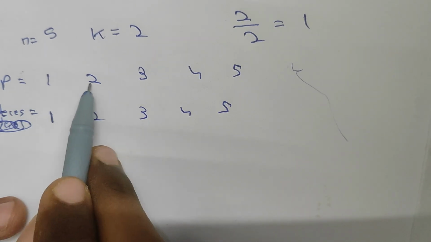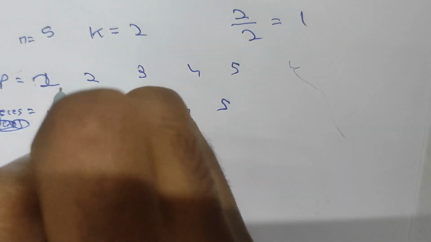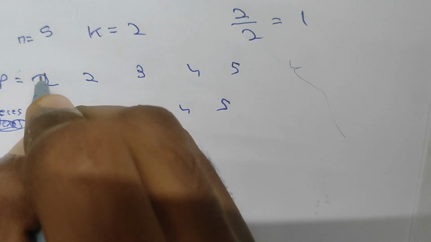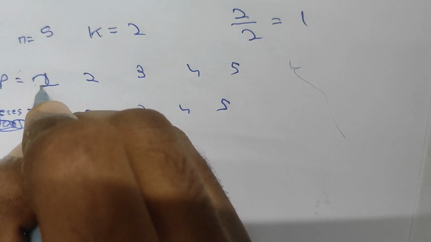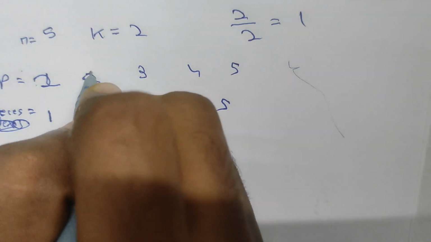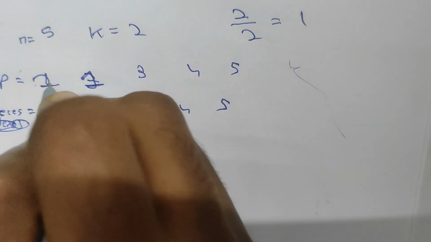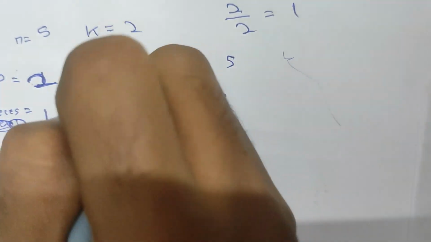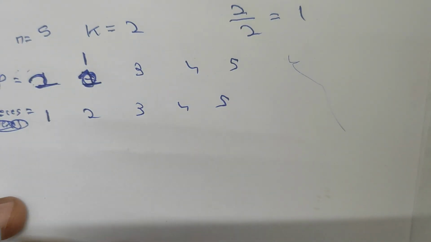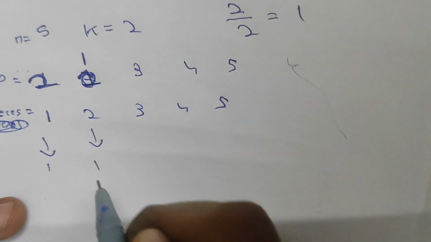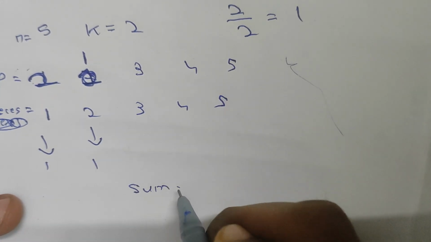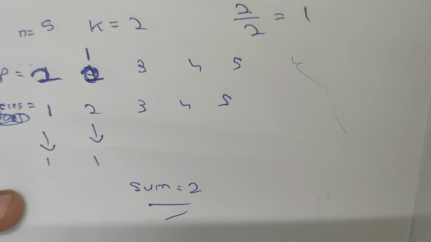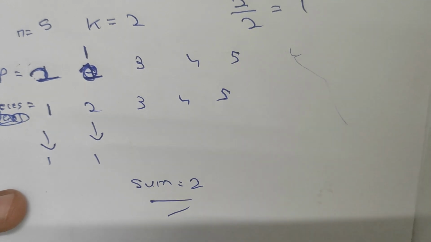I can bring 2 over here, and I will swap the one that was already over here to position 2. So it became 2, 1. This contributed 1, this contributed 1. The total sum is equal to 2 right now. So this is how we do the problem, and I will show you the implementation right now.